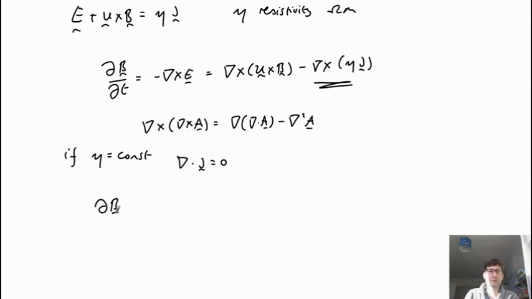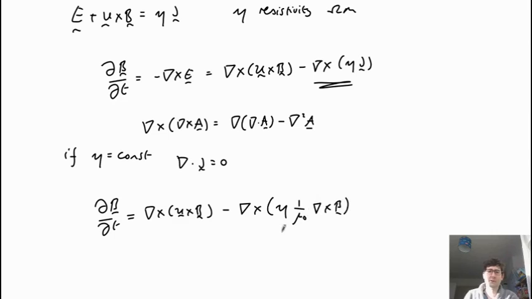the term from the first part, which is the curl of U cross B. So a term here which is like the curl of, here I have eta, then J is 1 over mu naught curl B, so this is like 1 over mu naught curl of B. And so if eta is constant and mu is constant, that just comes outside.